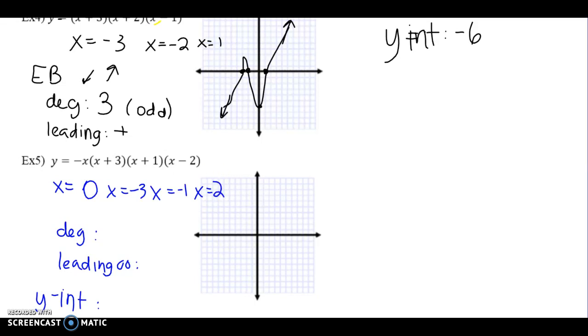So you can go ahead and put those on your graph. You have 0, -3, -1, and 2. What's the degree of our function? Yeah, 1, 2, 3, 4 x's.